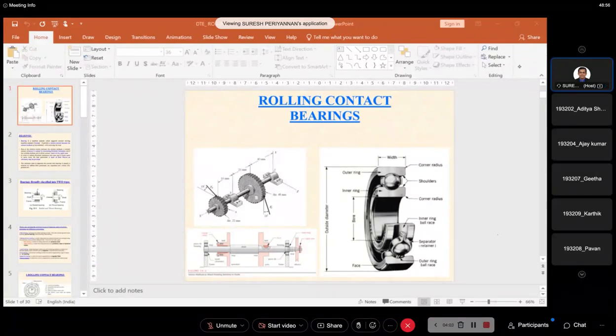Based on loading condition, radial bearing, thrust bearing, and combined radial and thrust bearing. Then the bearing components: journal, bush, oil flow line, and casings, split type and non-split type. We discussed this in the earlier class, right?